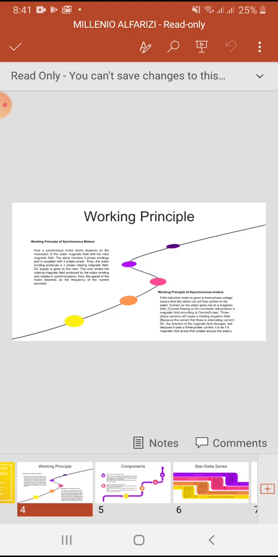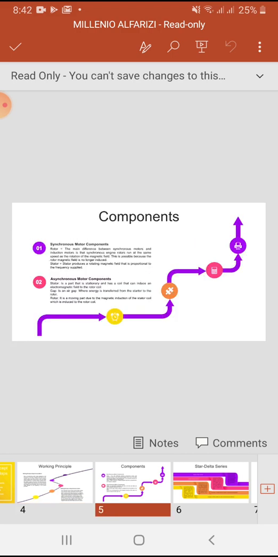Three-phase currents will cause a rotating magnetic field because the current that flows is alternating current, AC. The direction of the magnetic field changes, and because it uses a three-phase current, it is as if a magnetic field arises that rotates around the stator.